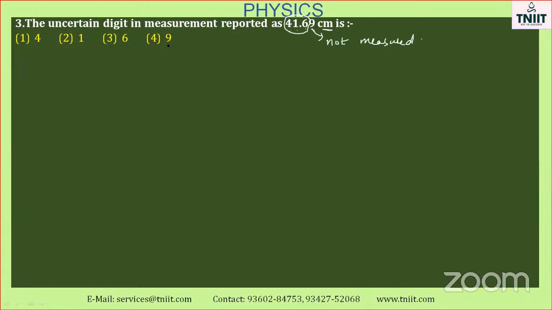In the normal scale, if I say like this, 1, 2, 3, 4, 5, 6, 7, 8, 9, and this is 41 and this is 42. This is 41.5. This is 41.6. This is 41.7. You can't measure the fourth digit.